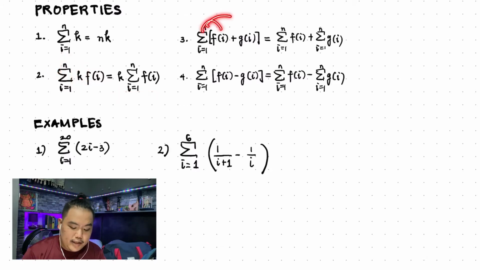And the summation, pwede mo daw siyang i-distribute over addition, yung sinasabi ni property 3. And as a consequence of this, pwede mo rin siyang i-distribute over subtraction. Okay? Iko-combine mo lang si property 2 and 3, makukuha mo si property 4.